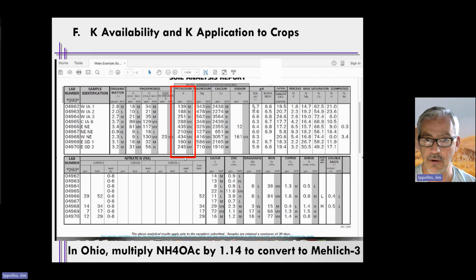To simply convert from these values in this column highlighted in red, which are ammonium acetate values, to Mehlich-3 values, a lot of work suggests that we multiply ammonium acetate by 1.14.